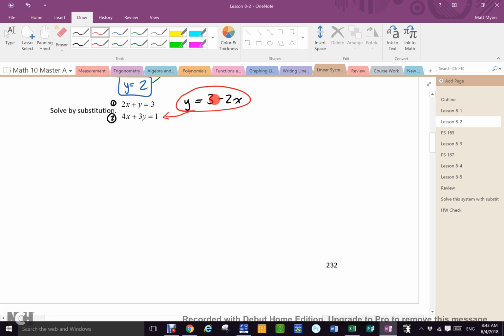If y equals that, and there's a y, what am I writing here? 4x plus 3 bracket 3 minus 2x equals what? 1. Then I solve it, by getting rid of the brackets.